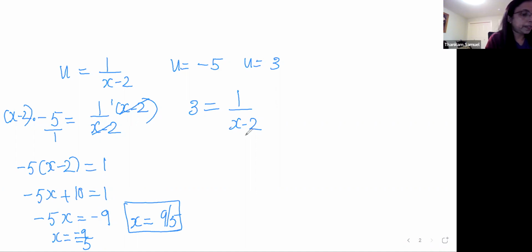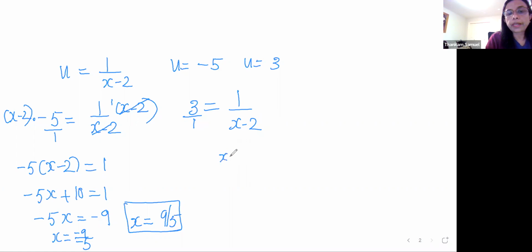Then consider the second equation. 3 equals 1 over x minus 2. You know that the denominator of 3 is 1. So to solve this rational equation, we need to multiply both sides of the equation by the common denominator. In this case, the common denominator is x minus 2.